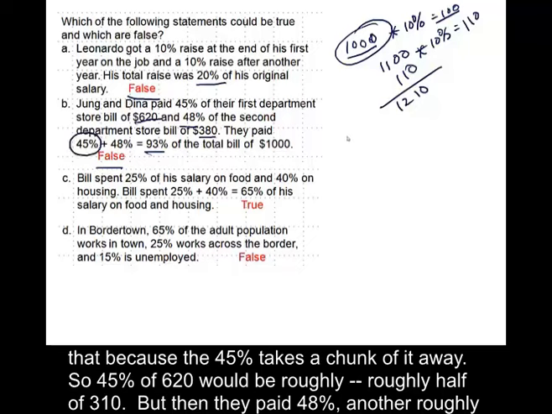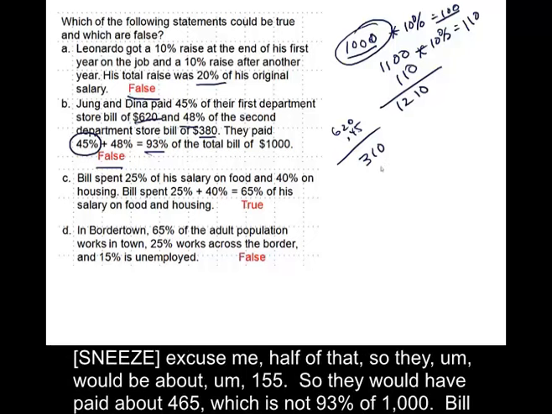So 45% of 620 would be roughly half of 310, but then they paid 48%, roughly half of that, so about 155, so they would have paid about $465, which is not 93% of 1,000.